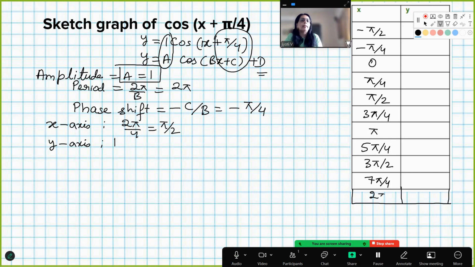Here one period of the graph gets over, that is why I have taken up to 2 pi. Beyond that the graph is only a replication of the same thing.